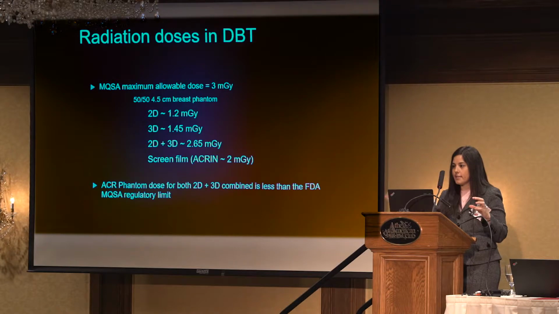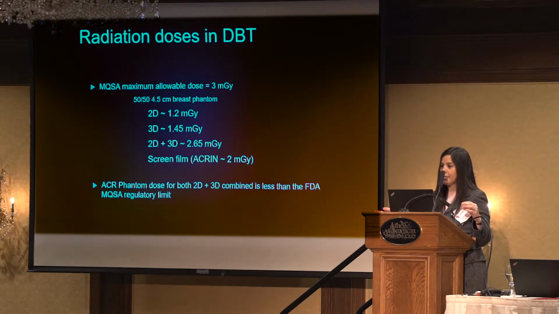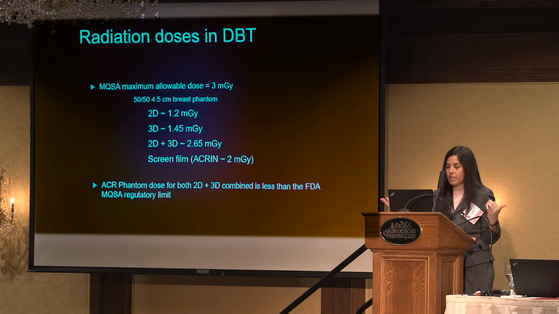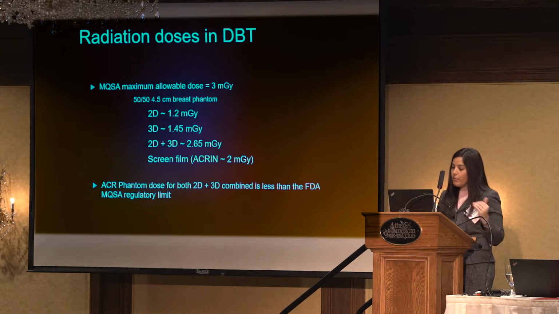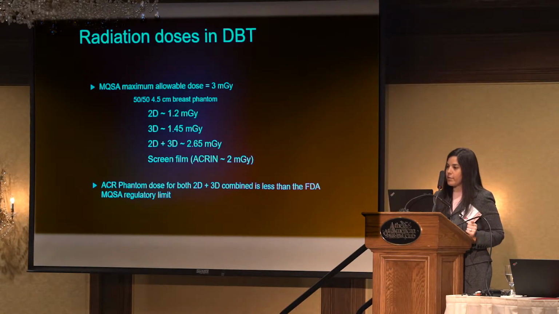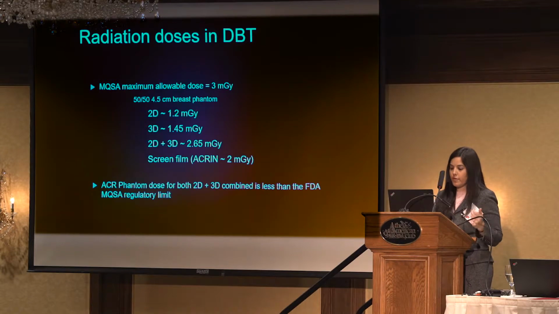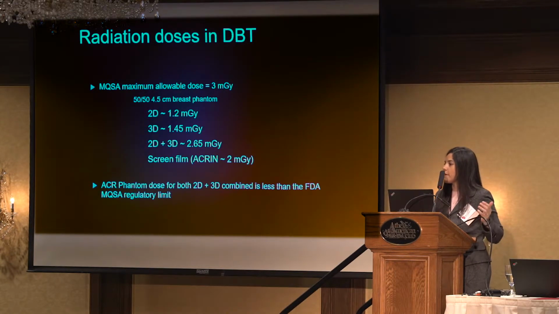With that, you would get the synthetic view if you're using Siemens or Hologic, or even the V-Preview on GE. I'm assuming Fuji has the same thing, but I don't know. When you combine the two exposures, it's 2.65 milligray per view, which is still less than the maximum allowable dose for an exposure. And just to put that in perspective, when those trials were done showing the benefits of screening mammography, the average dose was like 1.75 to 2.3 milligray per view.